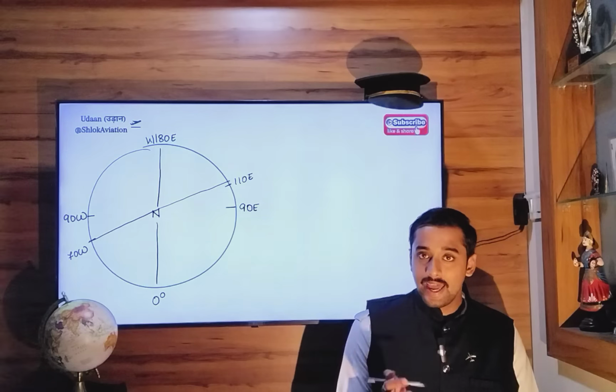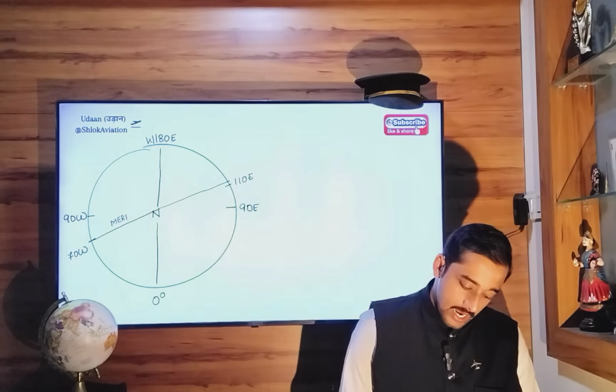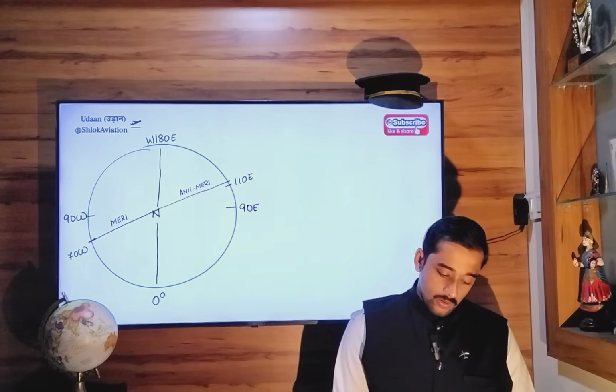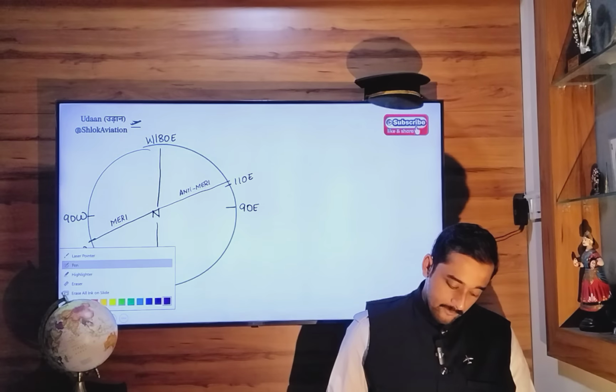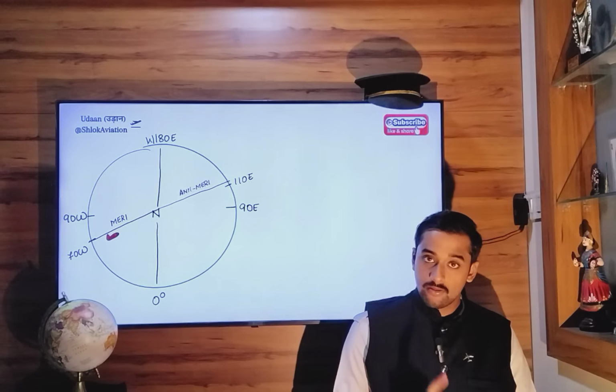That is meridian, anti-meridian. This is the meridian, let's say. This is the anti-meridian. So you are going to fly from point A, which is from here. Follow this meridian.